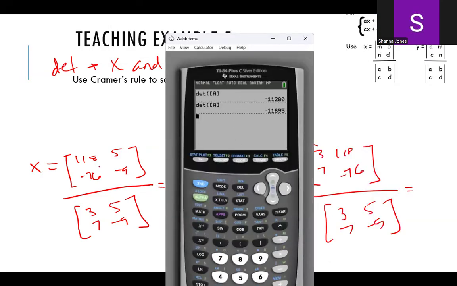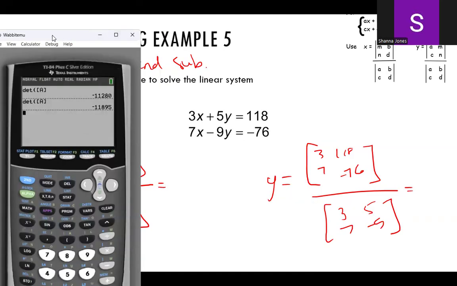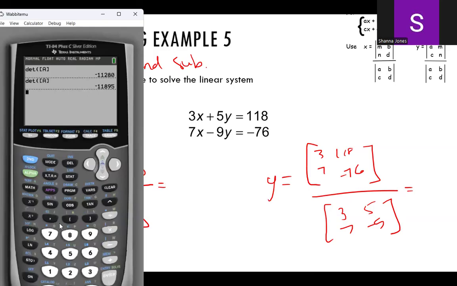So I'm going to do the first one. You guys can see it, right? You have it written on your paper. All right, so I'm going to do it here.